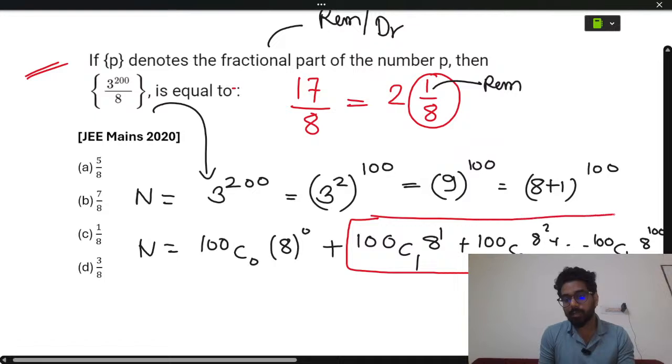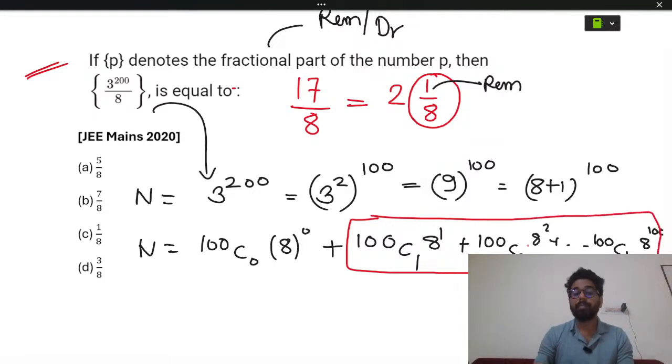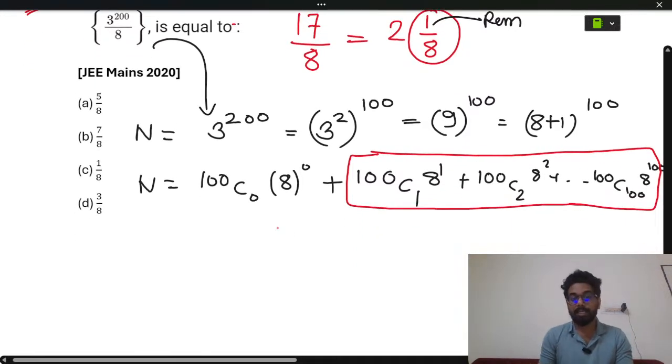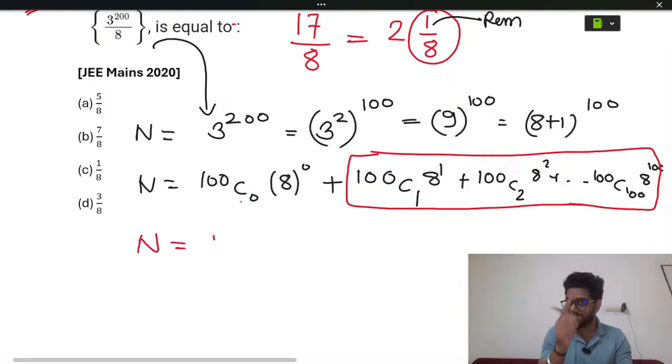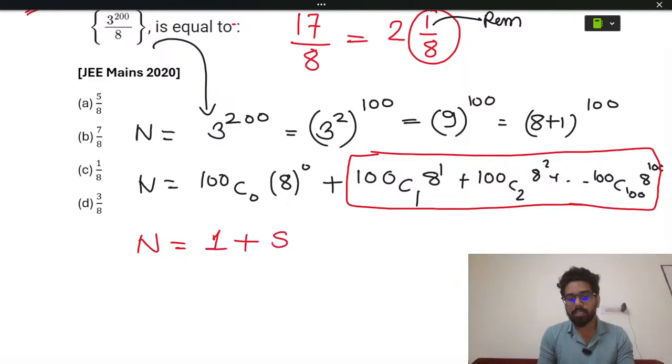Anything which is a multiple of 8 gives you remainder 0. But the first term, 100C0, is 1, and 8 power 0 is 1. So I can write this as 1 plus 8k.